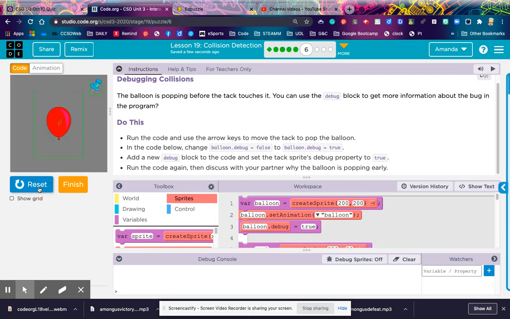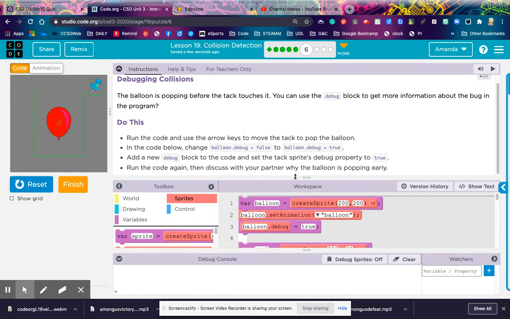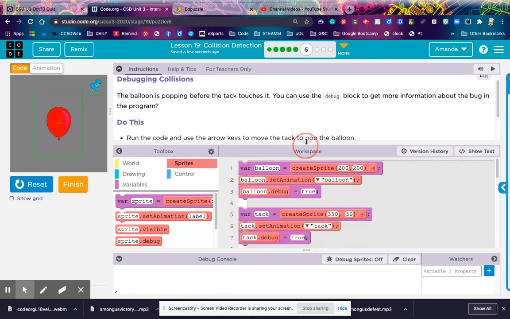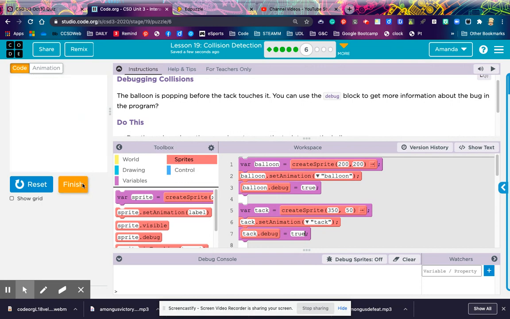Look at that. So it's almost like this natural space around the balloon. And that's really it for this level. It's just kind of trying to figure out what's going on and how to use that debugging block. So I think this area around our balloon is too big. I don't know how to fix that, but I think it's too big. All right, let's hit finish and move on.